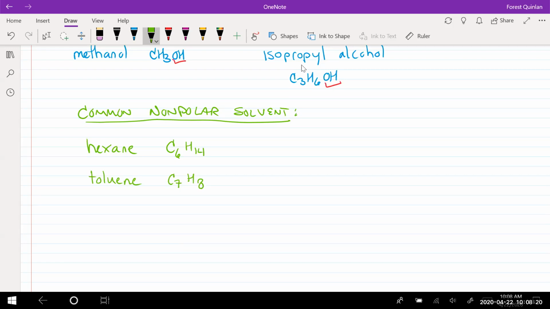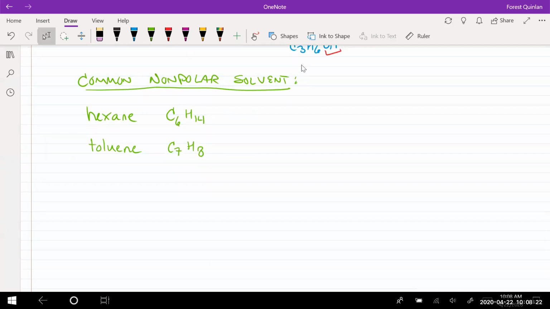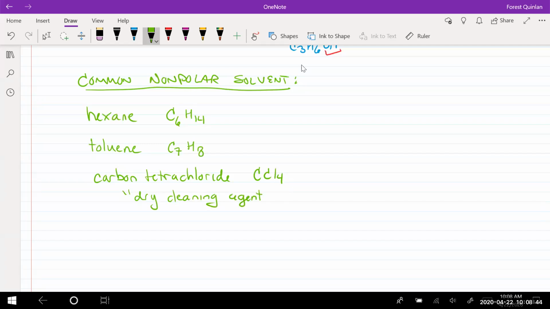And anyone whose family's in the clothing business might remember this guy, carbon tetrachloride, CCl4, the so-called dry cleaning. It's hardly used anymore, really not used anymore, because cancer.